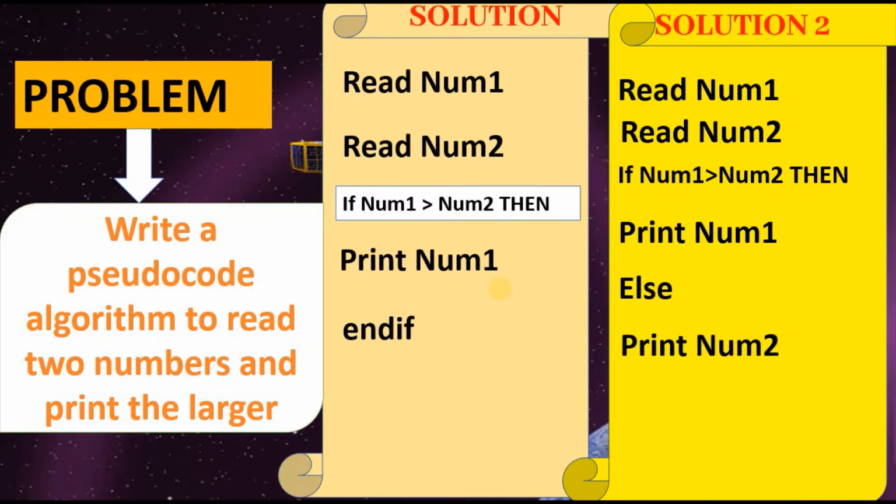So in this case, num1 was 5 and then num2 was 10. So it says if num1 was greater than num2, then num1 would be printed. But because num1 contained 5 and num2 contained 10, we could not print num1. So we had to overlook this part of the statement and proceed to what the second part said, which was to print num2.